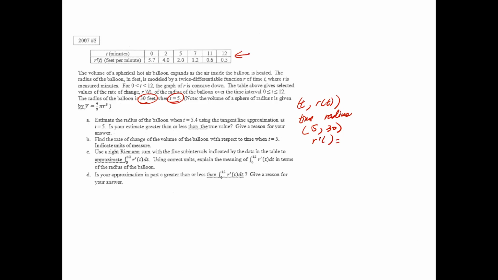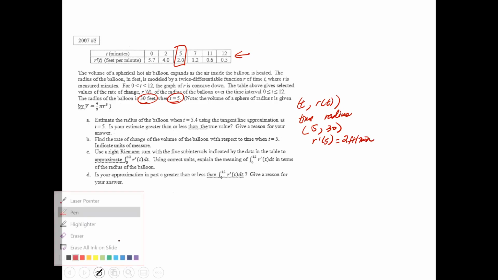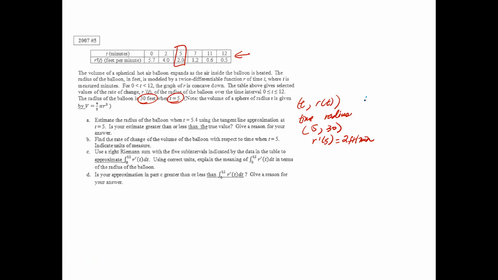So when time is at 5, the rate of change for the radius is going to be 2 feet per minute. So looking at this, what this is telling me is that my point is going to be (5, 30), and my slope, to put it in layman's terms, is just 2.